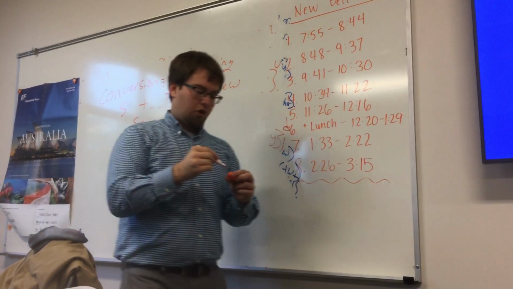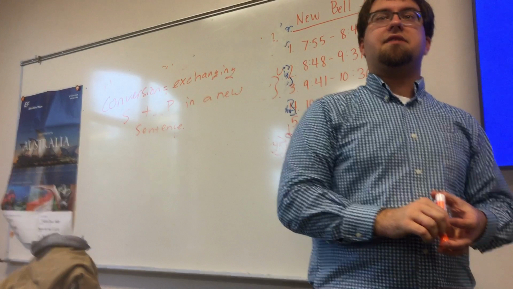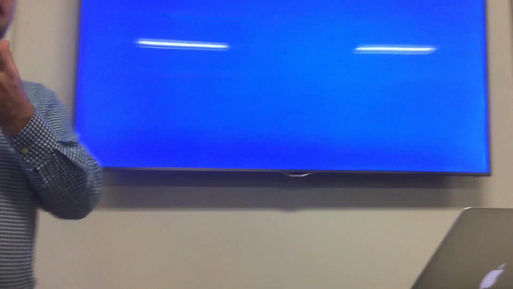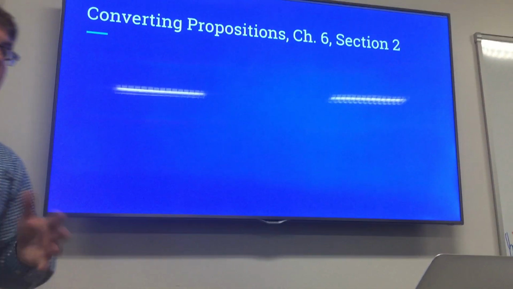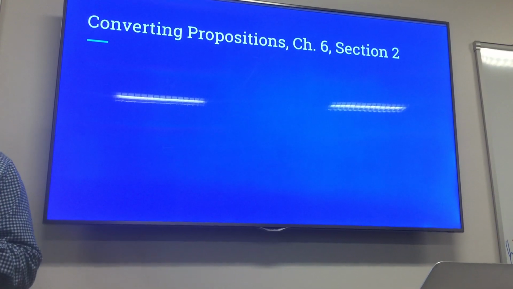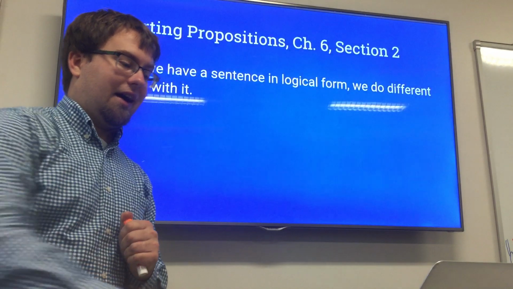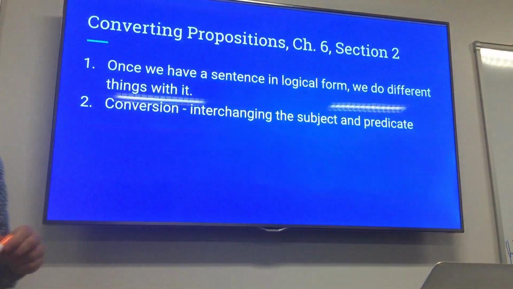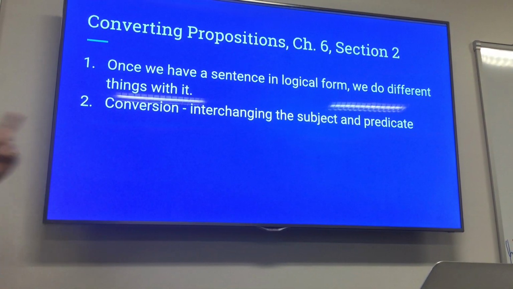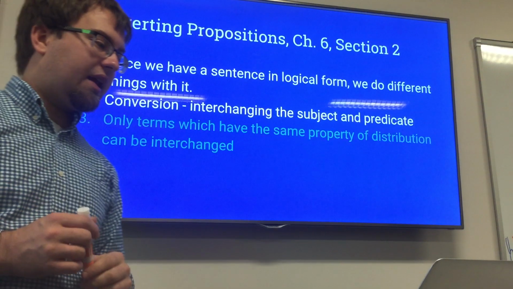We're going to change where subject and predicate are located in the sentence. The subject's going to become the predicate, and the predicate's going to become the subject. Now, when we're doing this conversion operation, we got to follow certain rules, and that's where this whole section is going to come about. So we're talking about the interchanging of the subject and the predicate.